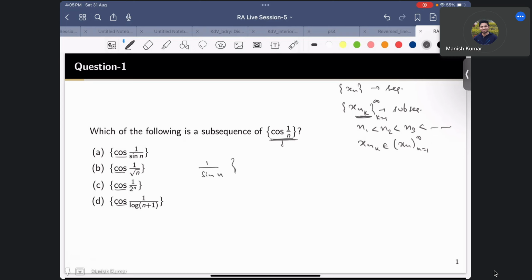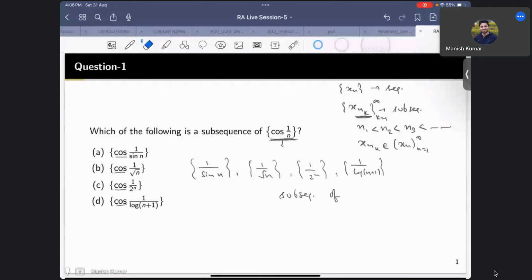So the question reduces to saying which of the following, 1 by sin n and so on, plus 1, is a subsequence of 1 by n.